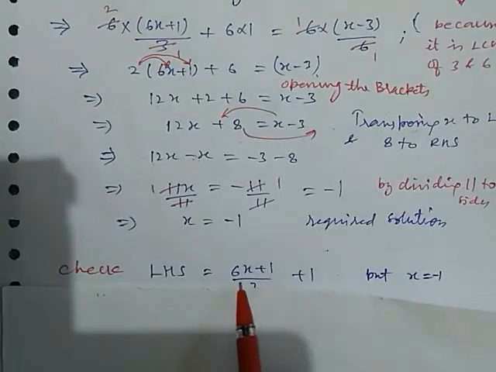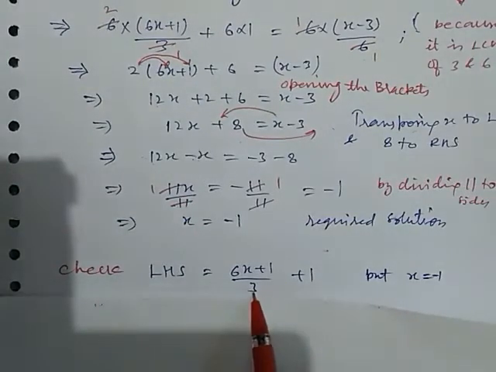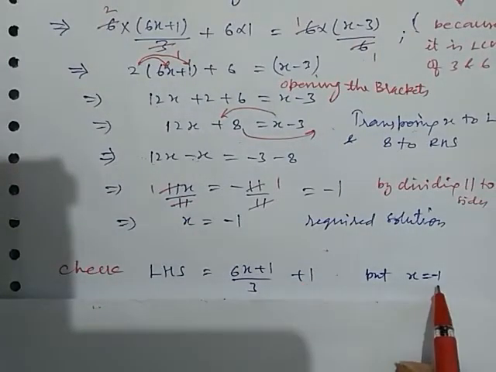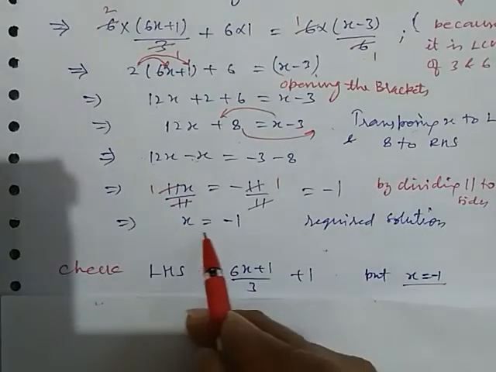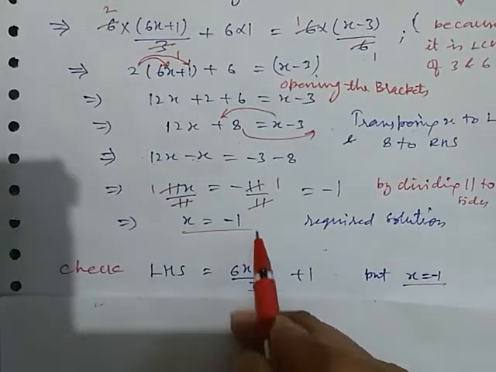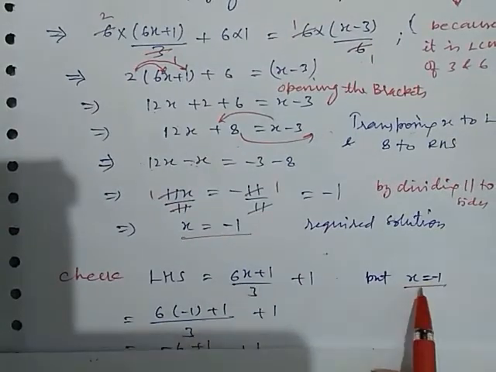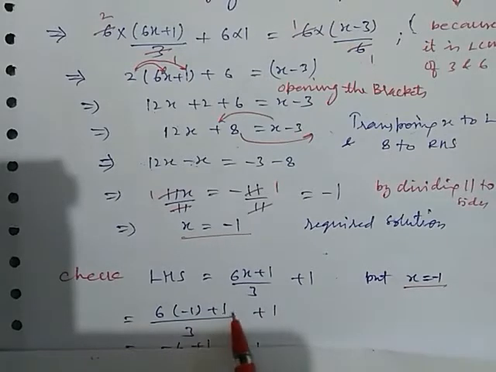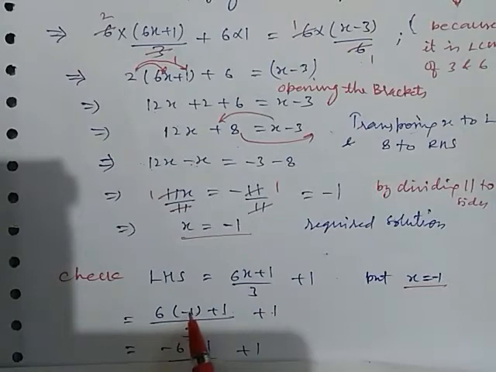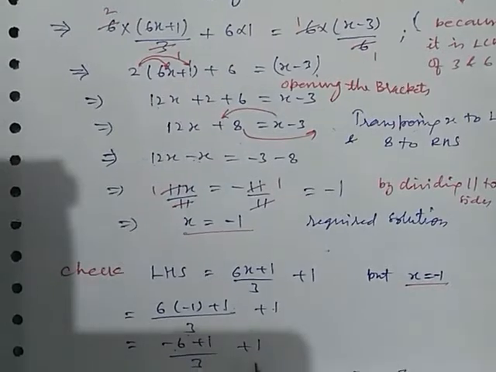Left hand side, 6x plus 1 by 3 plus 1. Put x equal to minus 1 because our solution is x equal to minus 1. So we put the value of x, minus 1, here: 6 into minus 1 plus 1 by 3 plus 1. Minus 1 into 6 is minus 6, plus 1 upon 3, plus 1.